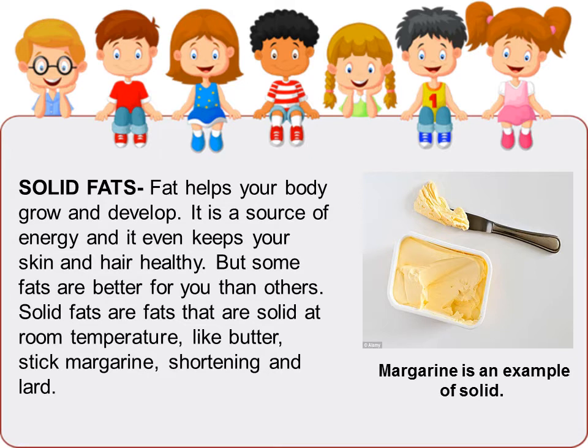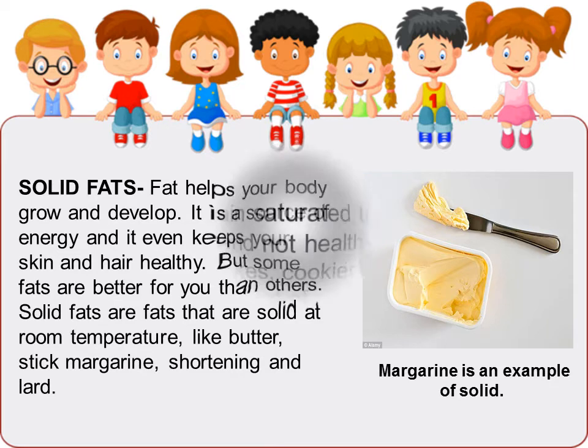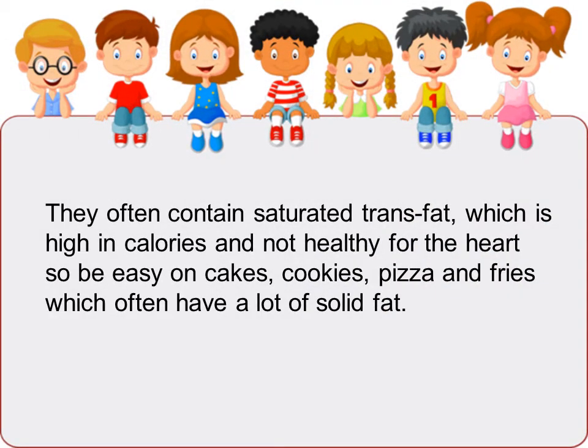Margarine is an example of a solid fat. They often contain saturated and trans fat, which is high in calories and not healthy for the heart. Be easy on cakes, cookies, pizza, and fries, which often have a lot of solid fat.